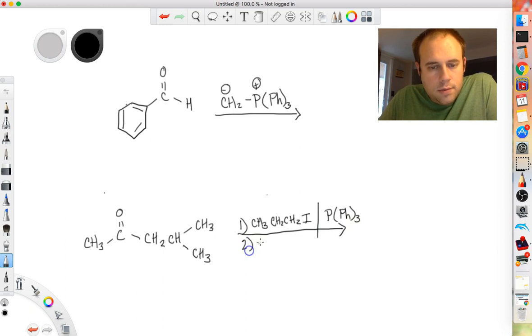Number two, this was exposed to butyl lithium. And then number three, whatever comes out of that is actually reacted with this. So maybe I should have put this out front and then the others there. But you get the main idea, right?